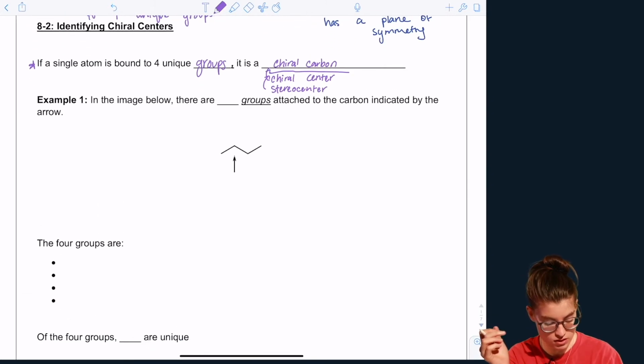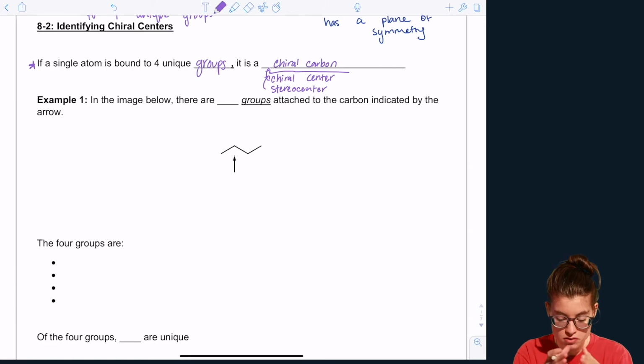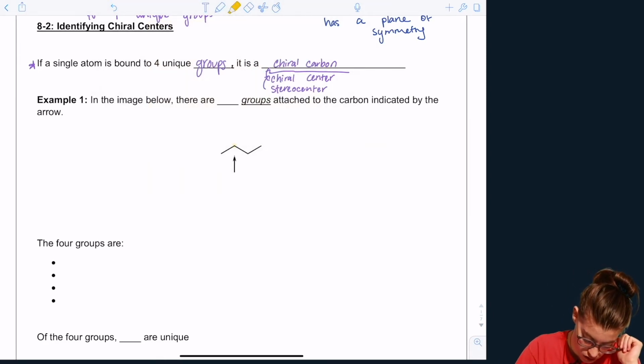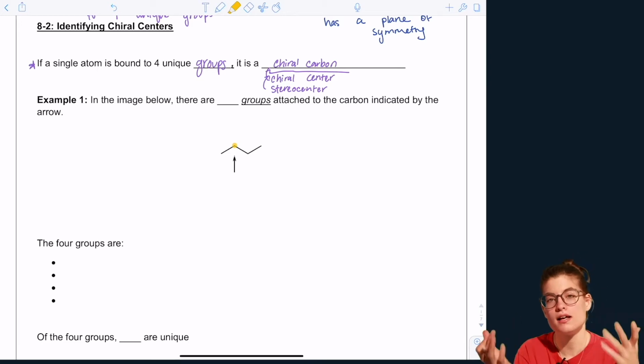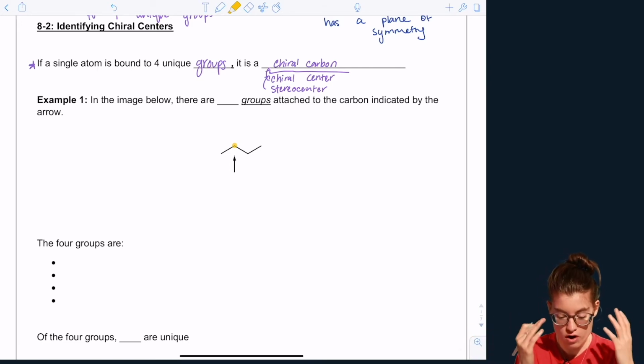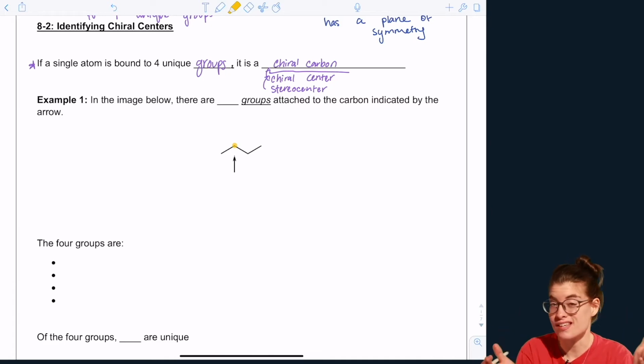Let's keep our definition here. In the image below, how many groups are attached to the carbon indicated by the arrow? Here is the carbon, and because it's a normal tetrahedral carbon, it will have 4 bonds to something.